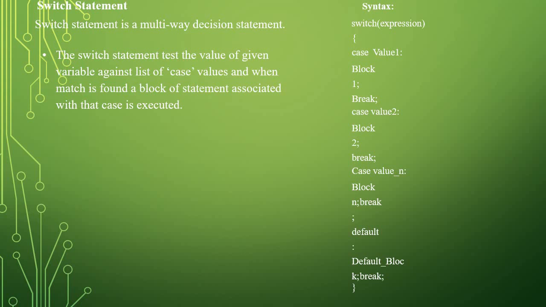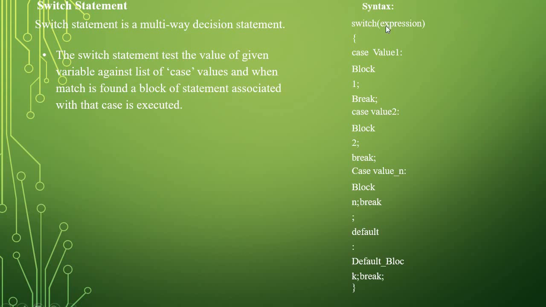Then the switch statement. The switch statement is a multi-way decision statement. The switch statement tests the value of the given variable against a list of case values, and when a match is found, the block of statements associated with that case is executed.